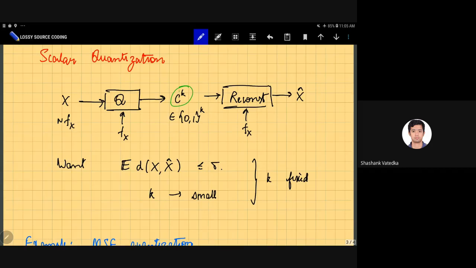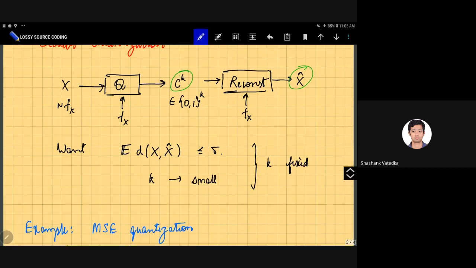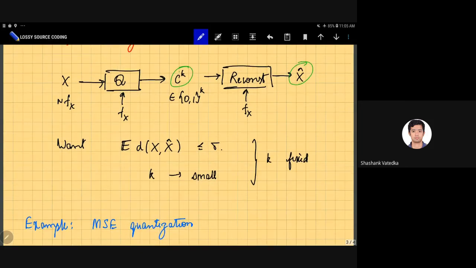And at the reconstruction, you take these k bits as input and output some x hat, and this is going to be the reconstruction of x. So our goal is to design the quantizer and the reconstruction algorithm such that the distortion is as small as possible. So we define some distortion function, d of x comma x hat.